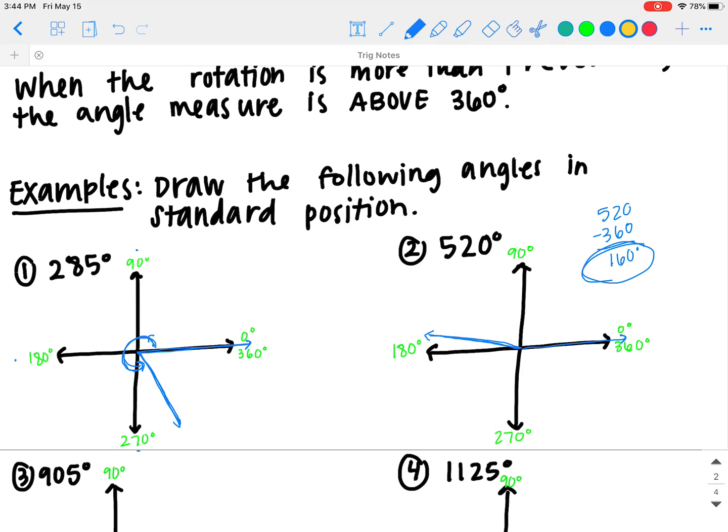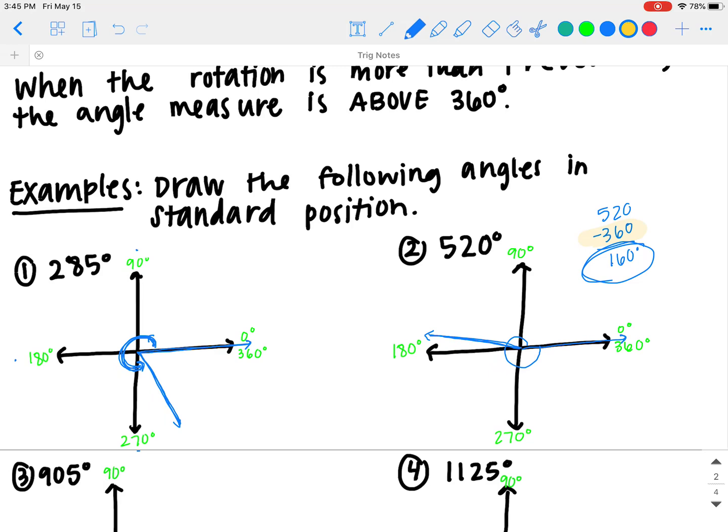Okay, but if you notice in our first example, our arrow just went to this spot. It didn't go all the way around in a full circle. But with our 520, like we were talking about, that's more than one full spin. So I need to find a way to show that I'm going a full spin and then another 160 degrees. Every time you subtract 360 from your angle, you need to draw in a full spin.